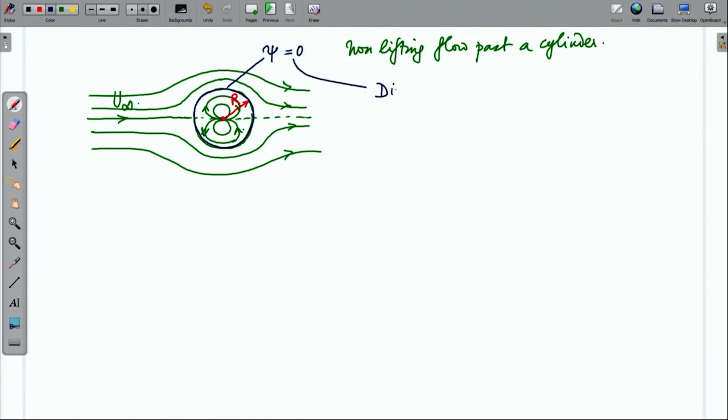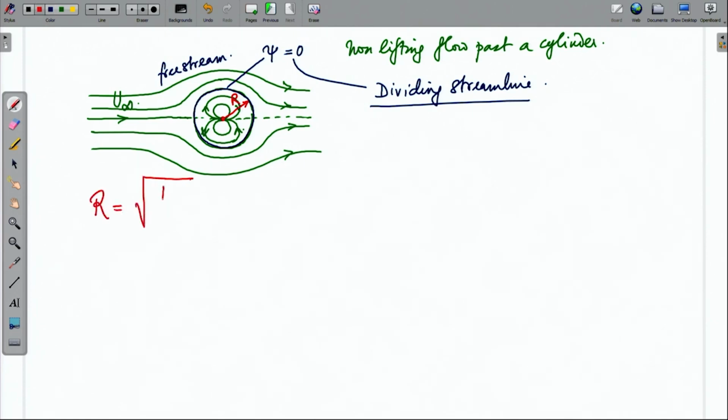This, as I mentioned earlier, is called the dividing streamline, because on one side of it you have the free stream, on the other you have the flow inside the cylinder, which is by virtue of the doublet, and this streamline divides the two. Now, as far as the radius is concerned, the radius of this cylinder can be shown as the square root of kappa by 2 pi u infinity. That is how the radius of the cylinder can be quantified.